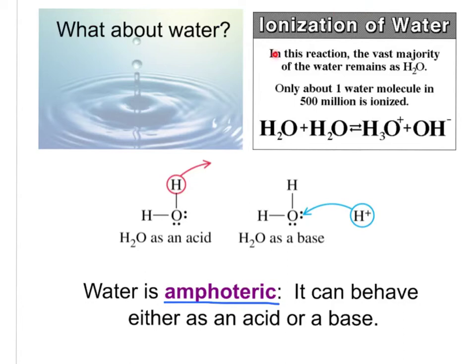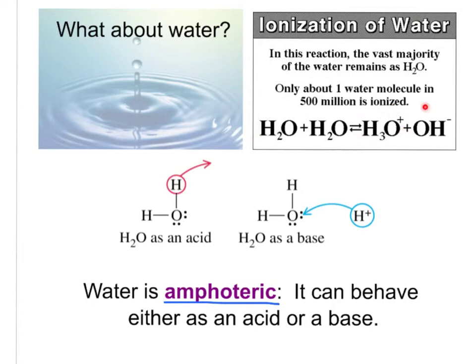Here is just an example showing the ionization of water. We have water and water, creating hydronium ions plus hydroxide ions. And in this reaction, the vast majority of the water remains as H2O. Only about 1 water molecule in 500 million is ionized.